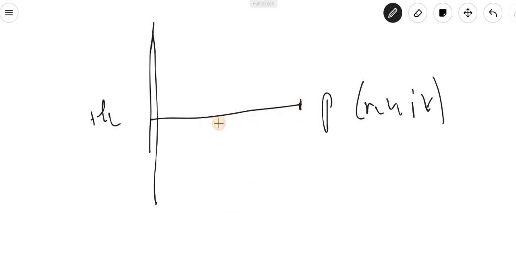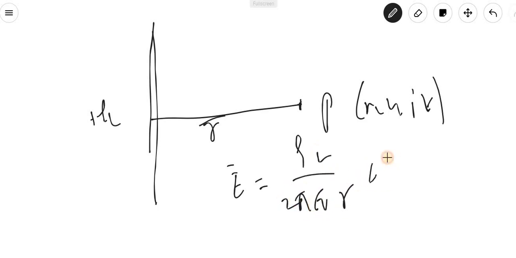This is R, the radial distance from the line to the point. So the electric field E is rho L over 2 pi epsilon naught R, in the direction of a_R.